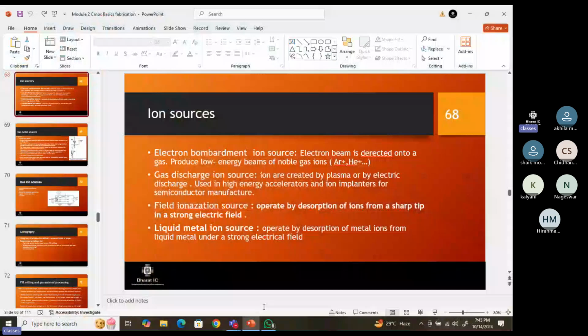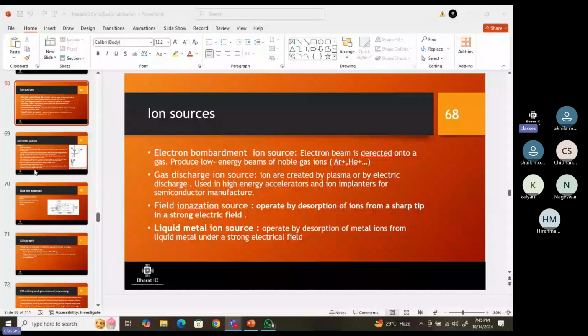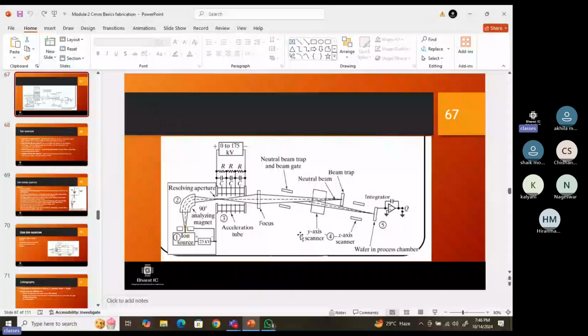Okay, so up till yesterday, we came across the structure of ion beam lithography, how it is made using metal sources and sometimes gas sources. Gas sources are generally hydrogen and helium, and metal sources are Au and Si.